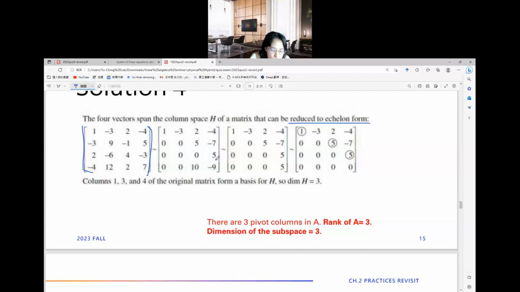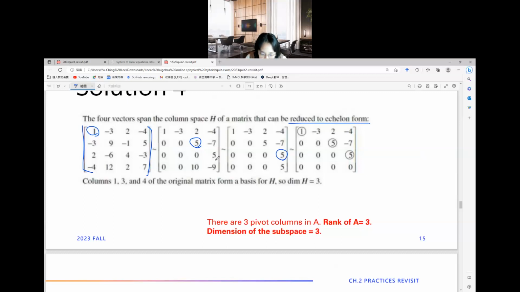And then during the process, we can identify 3 pivot columns. That is, we use 1 to do the row replacement. And then we pick 5 as my second pivot to continue the row operations. My third pivot was chosen at this position.